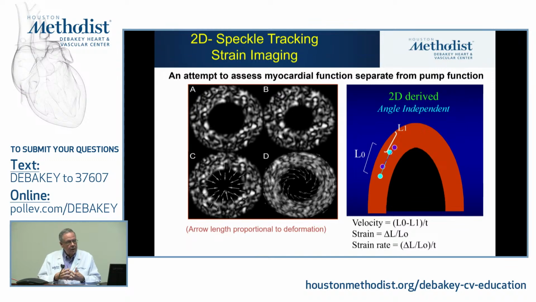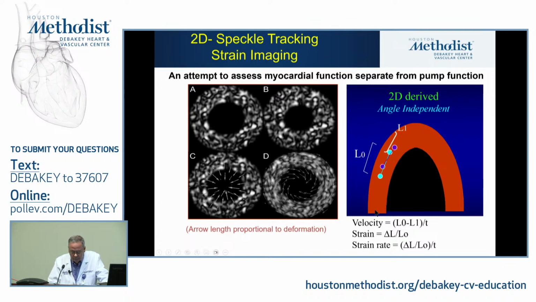So with speckle tracking, what's happening is that you have a digital matrix, okay, and you have pixels. And the system was taught to pick up one little pixel and follow the movement of that pixel through time. So if you can follow these pixels through time, but you also can follow this one through time, you can measure the distance between the two of them from diastole to systole.